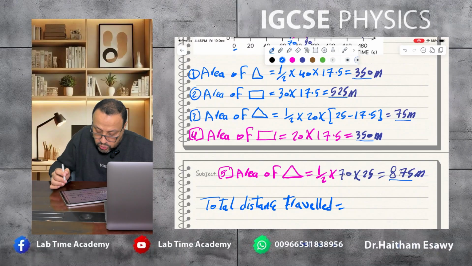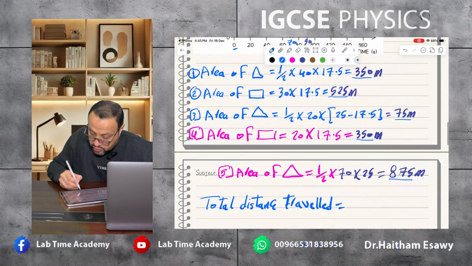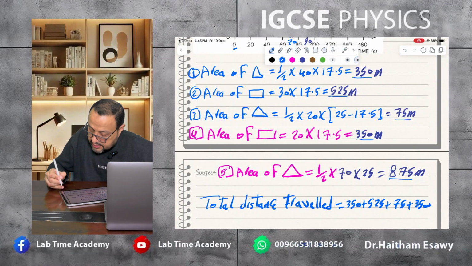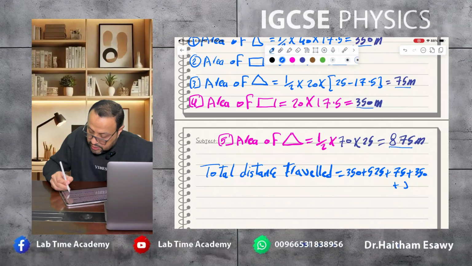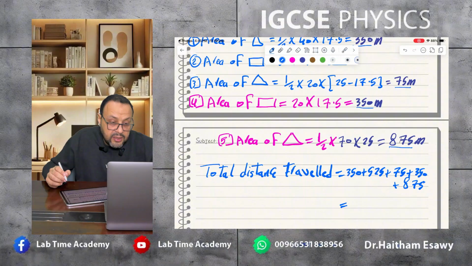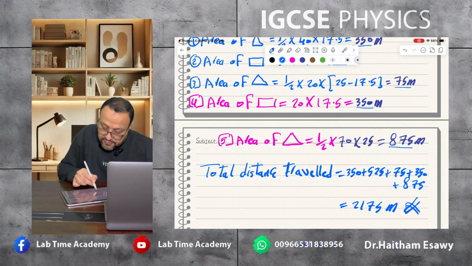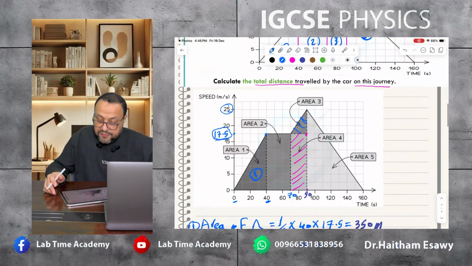Just add them together: 350 plus 525 plus 75 plus 350 plus 875. You can obtain 2175 meters, and this will be the final answer for the total distance traveled from this graph.